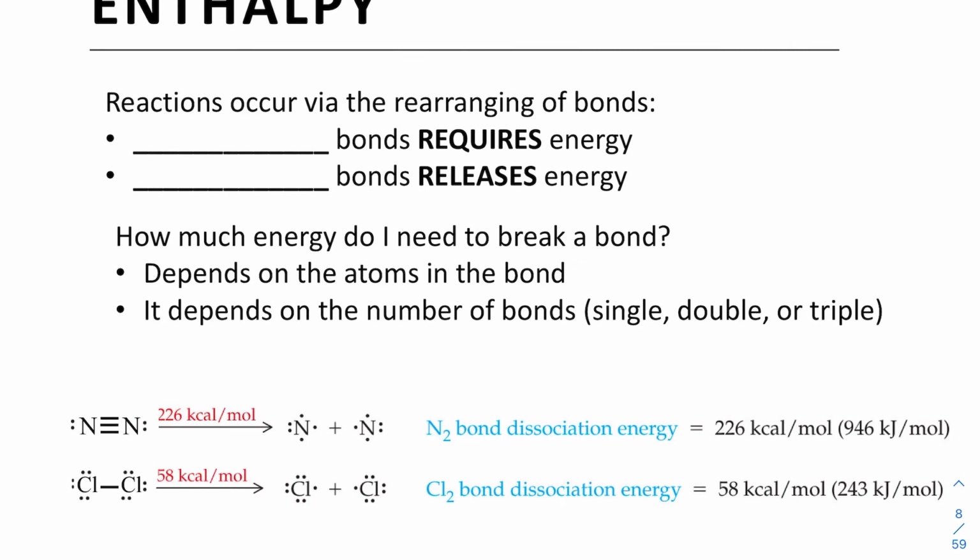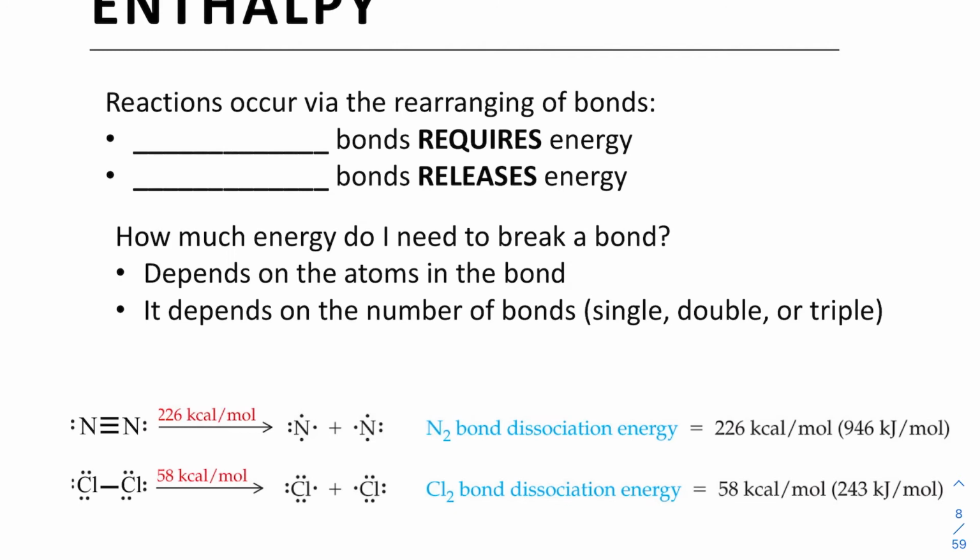So, what is enthalpy? Well, before I just tell you what enthalpy is and define it, I want to give you a little bit more information. So we will define the word enthalpy in a minute, but let me read this statement to you. It says reactions occur via the rearranging of bonds, right? And we discussed that in chapter 5, that we don't make new atoms or destroy atoms, we just rearrange atoms by breaking bonds and forming new bonds.